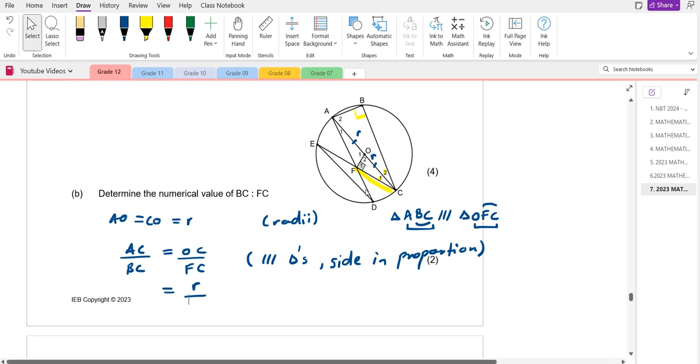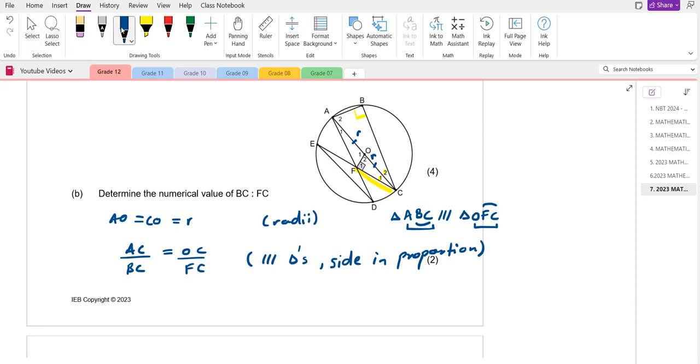Why did I choose FC? We're supposed to choose one from here and one from here. Okay. AC over BC. Is that right? We chose AC. We want BC to FC. That's what we want. Yeah, no, we made a mistake here.